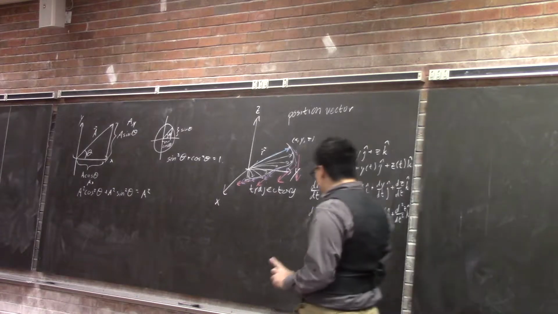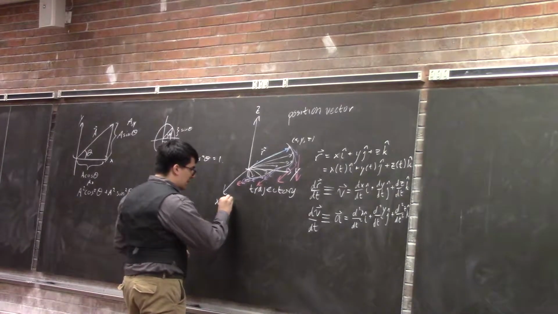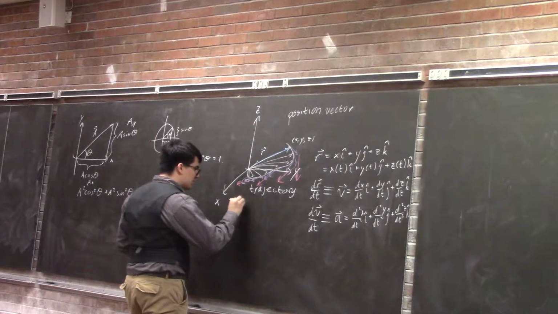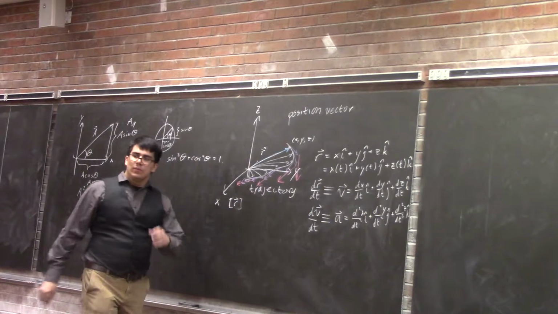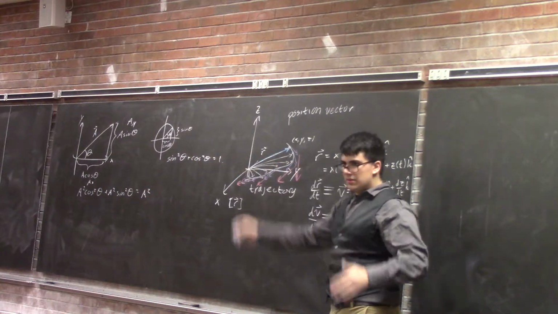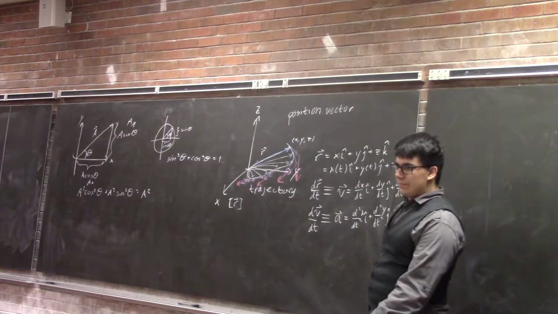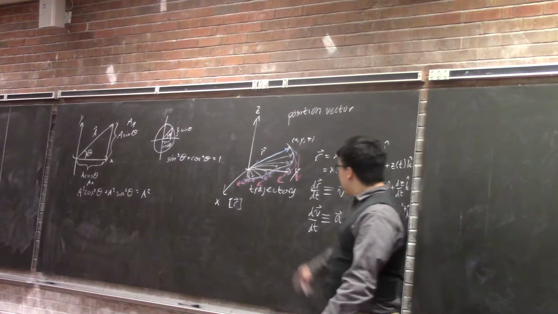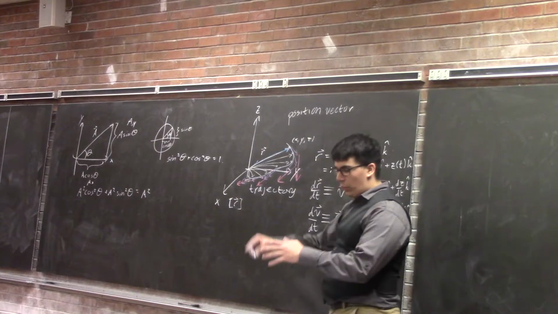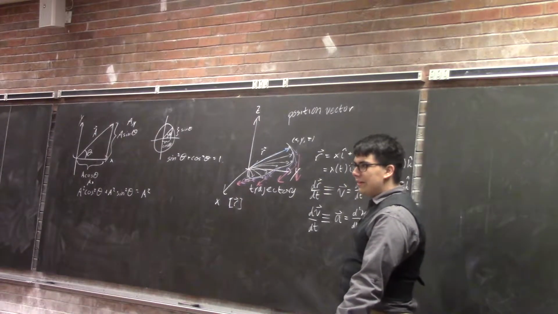One other thing though, what is the dimension of my position vector? What kind of units would I be using to describe this? Am I going to use seconds to tell you where you're at? Right. I'm going to use meters or feet or something like that.